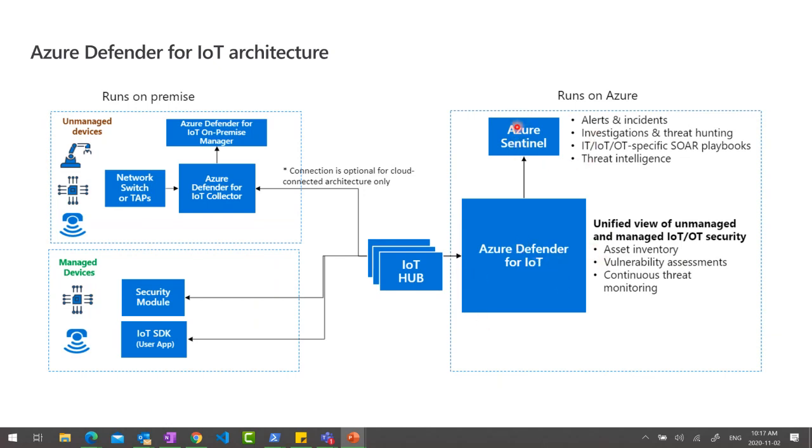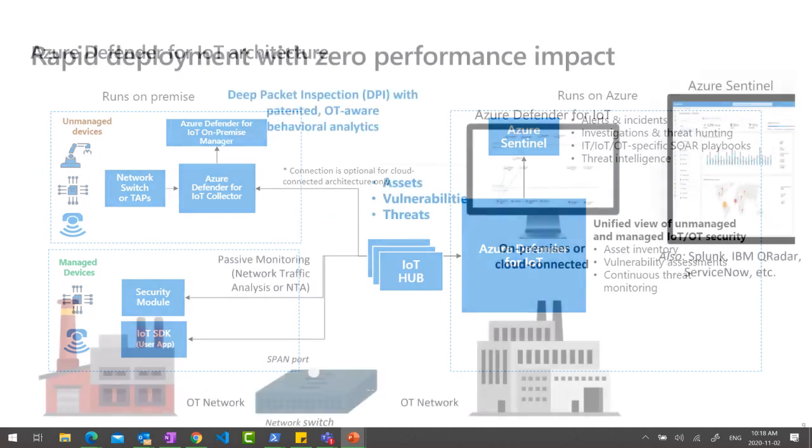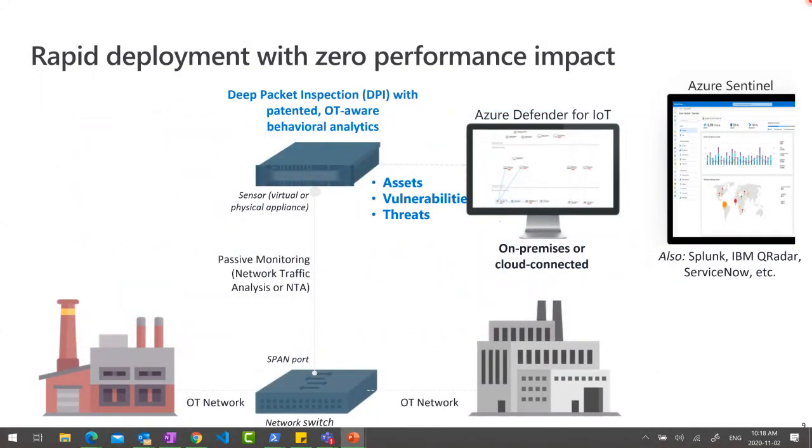Now, the other piece that runs on Azure is our Azure Sentinel. It's our SIEM software, where you can push the alerts from your Azure Defender for IoT, and you can further use it to investigate. Okay, so this is about the Azure Defender for IoT architecture and how Microsoft deals with securing those devices.